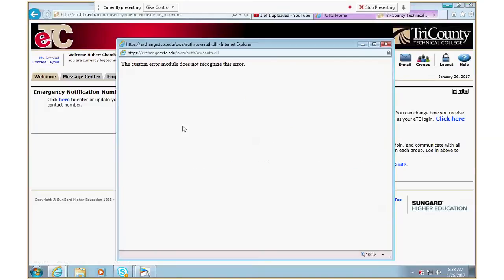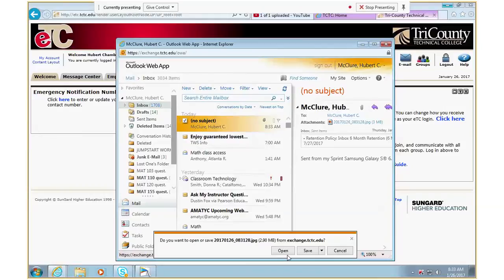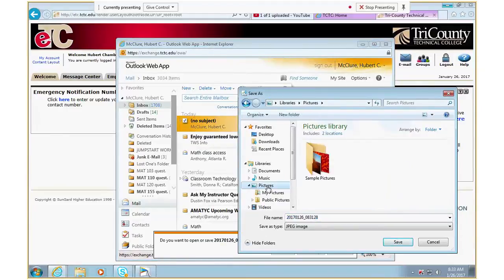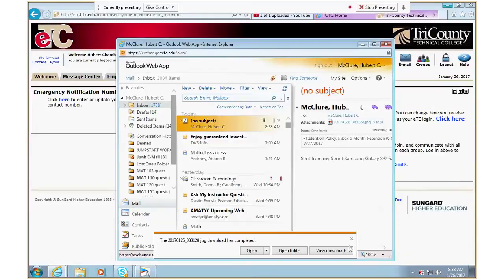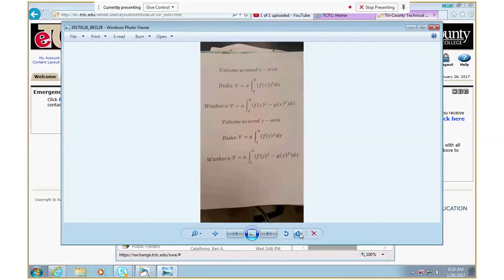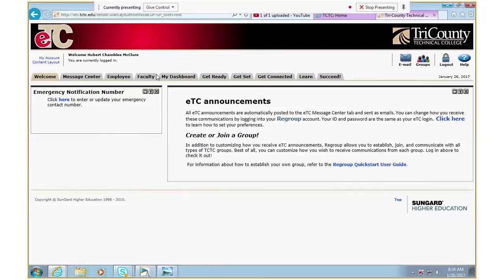Email. Save this picture. Save as pictures. Now, I can pull it up also, of course. There. I can do that. I'm talking to myself, y'all, just ignore me.